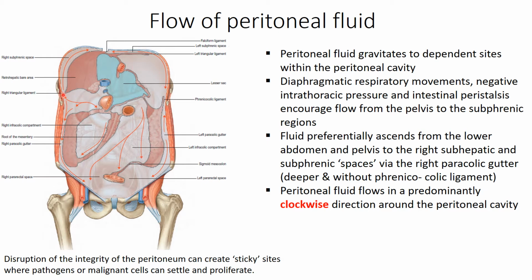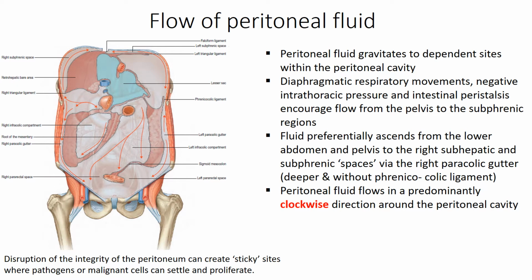So fluid movement is mainly in a clockwise direction, and here this portion of the subdiaphragmatic portion and the related anterior abdominal wall contains plenty of peritoneal stomata as well as the milky spots for the reabsorption of this peritoneal fluid.